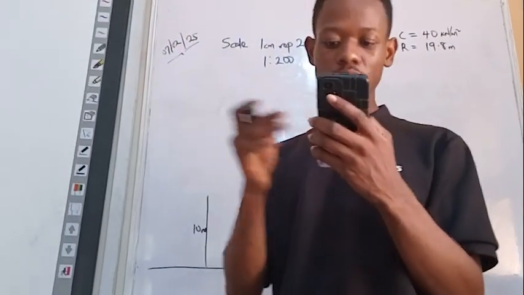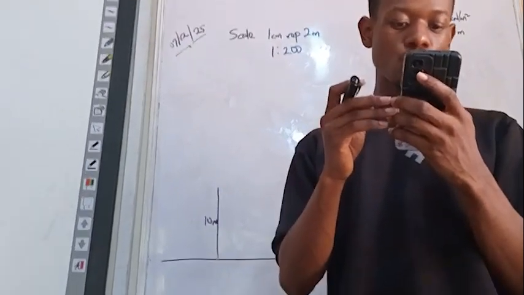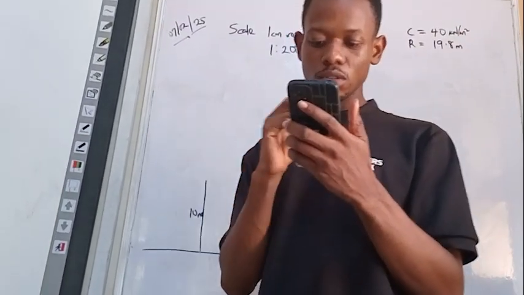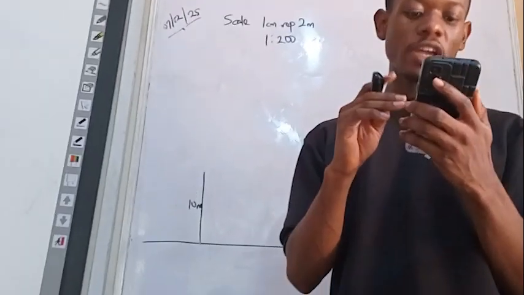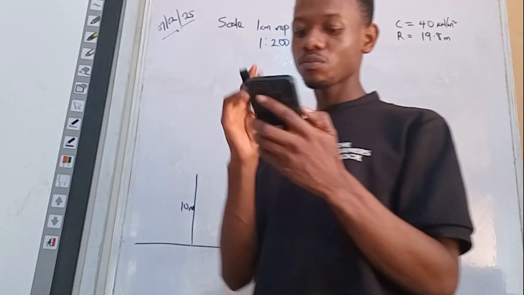In a homogeneous soil deposit, a cut has been dug to a depth of 10 meters, featuring side slopes with a ratio of 1 vertical to 2 horizontal. Laboratory testing has disclosed the soil characteristics as follows.